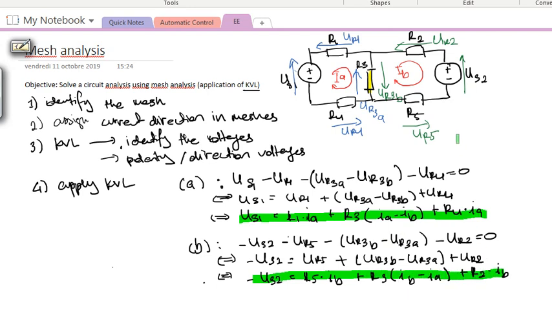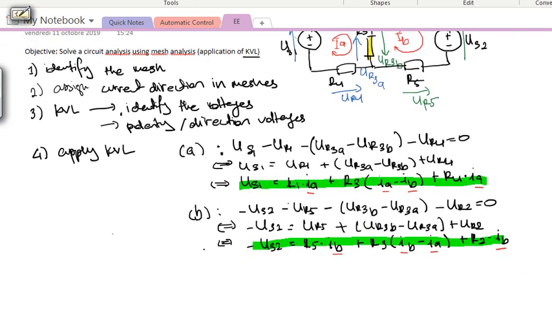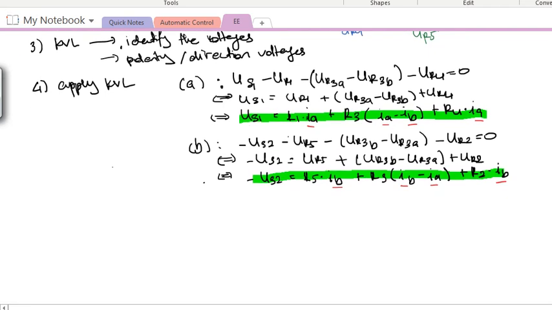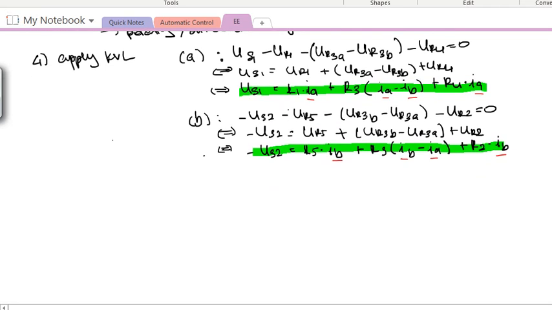So these are the two equations with two unknowns, and the unknowns are IA and IB, right? When you have two equations with two unknowns, you can solve the system of equations, and by doing so you will find the value of IA and the value of IB.